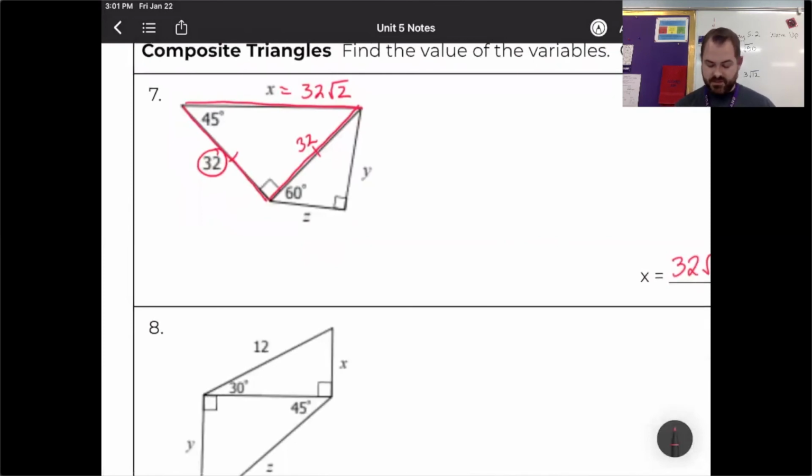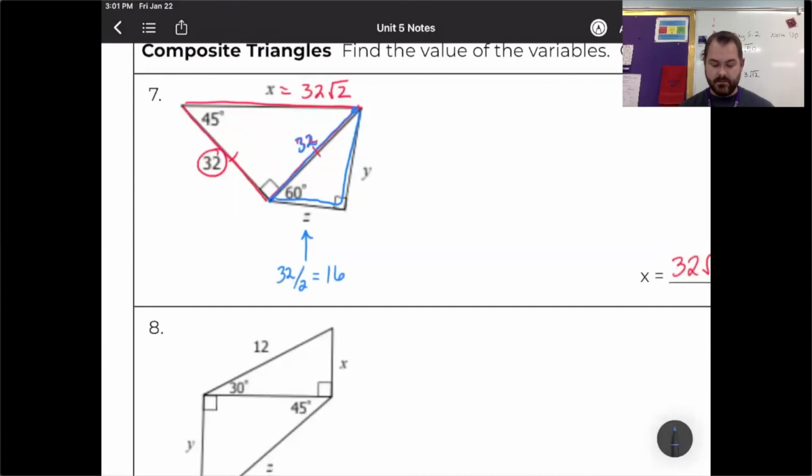Now that 32 is also the hypotenuse of this 30, 60, 90 triangle. And to go from hypotenuse back down to short leg, you just divide by 2. Short leg times 2 equals hypotenuse, so to go backwards, divide by 2. 32 divided by 2 is 16.